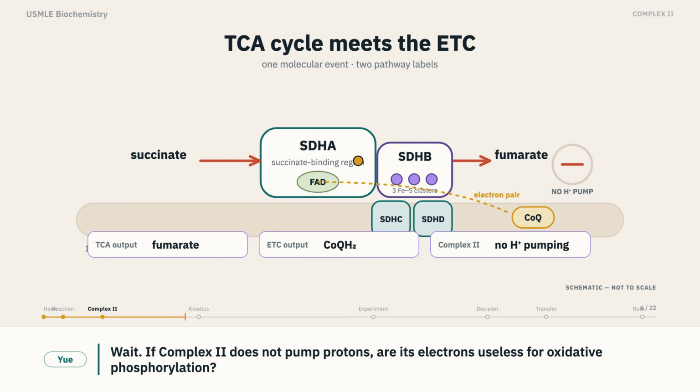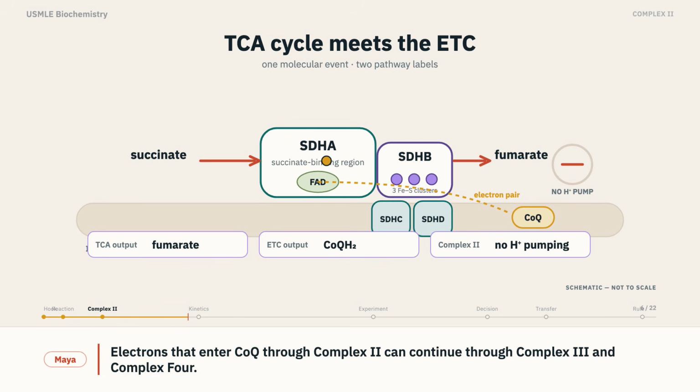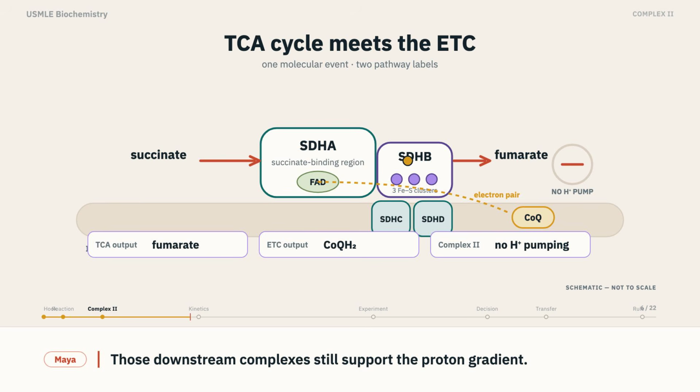If complex 2 does not pump protons, are its electrons useless for oxidative phosphorylation? They are not. Electrons that enter coenzyme Q through complex 2 can continue through complex 3 and complex 4. Those downstream complexes still support the proton gradient. Complex 2 simply does not perform a proton pumping step of its own.